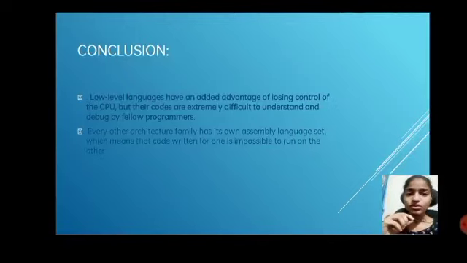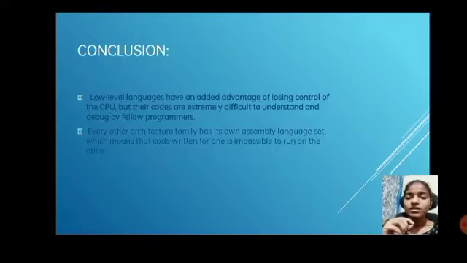The conclusion of this topic is that low level languages have the added advantage of giving control of the CPU, but their code is extremely difficult to understand and debug by fellow programmers. As we read before, low level languages are close to the hardware, made up of machine code, assembler, and assembly language.